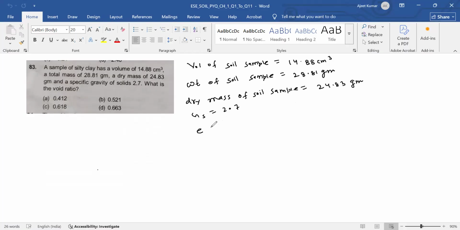Calculate the void ratio. So void ratio is volume of voids upon volume of solid. We can calculate the volume of solid from this and this one.